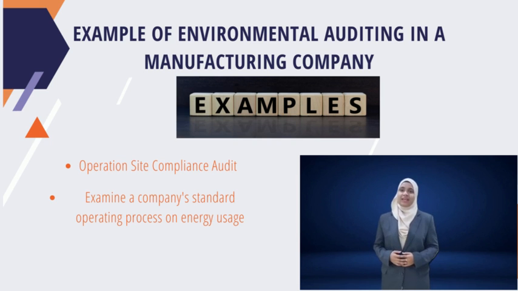The first example is the Operation Site Compliance Audit. Operation Site Compliance contains all the technical, business standard, law and the procedure that manufacturing must adhere to in their business activity. Environmental audit compliance is used to evaluate the business operation site in order to assess the business's current environmental practice.